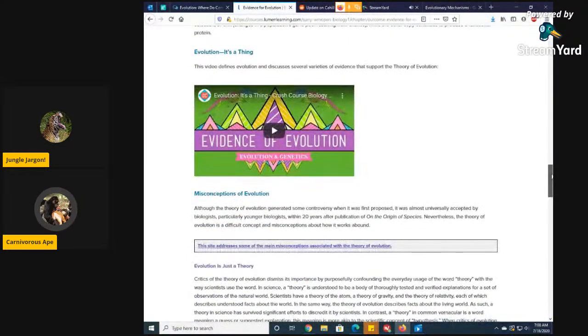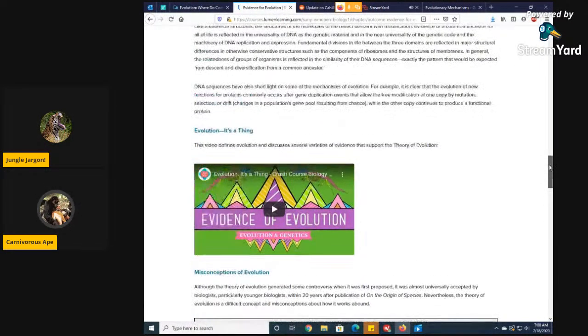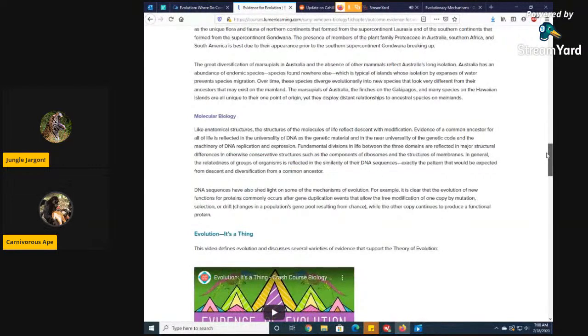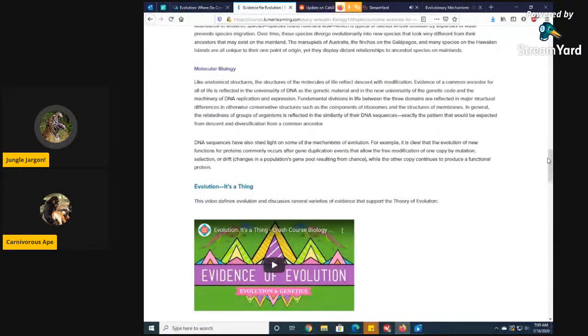No, the evidence for evolution through molecular biology is the reason why everything has similar but slightly varying DNA. Well, you realize that there's only so many ways that you could possibly make a living organism, right? I mean, DNA seems to be the only way as far as we know, right?